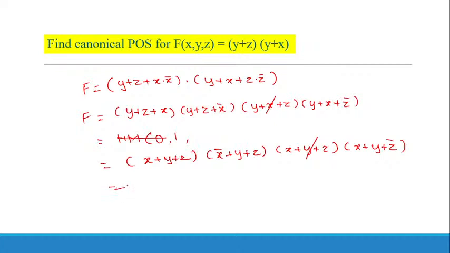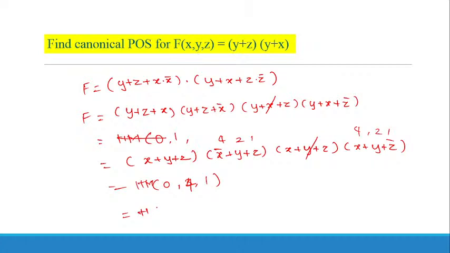So this is product of M, with 0. Now what is the value? 4, 2, 1. So this is 3. And this is what? 4, 2, 1. So 1. So whichever is carrying a complement, that is contributing for your value in POS.